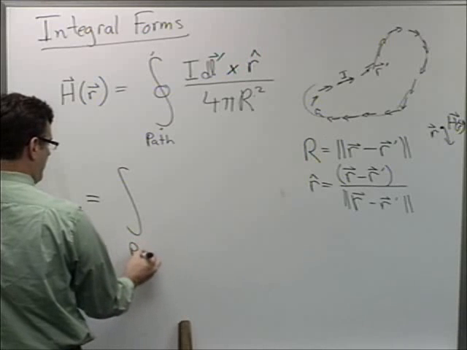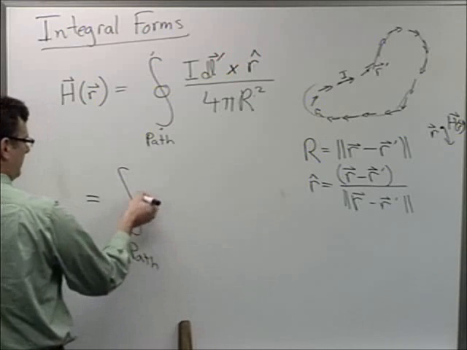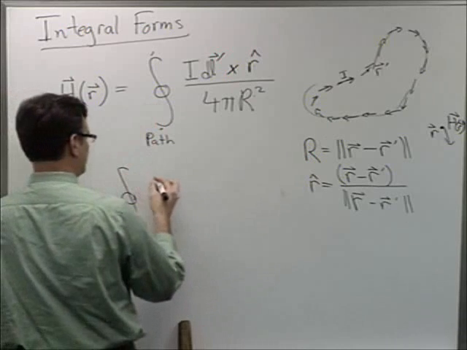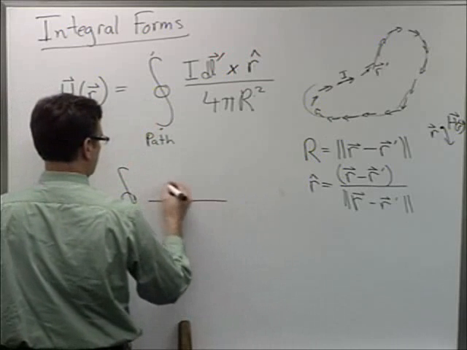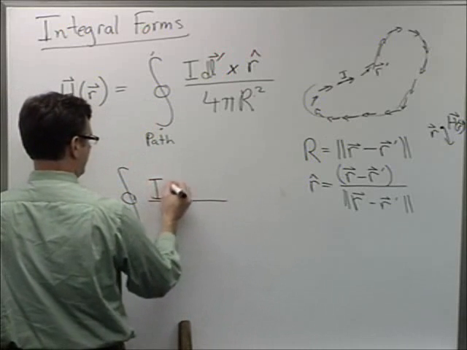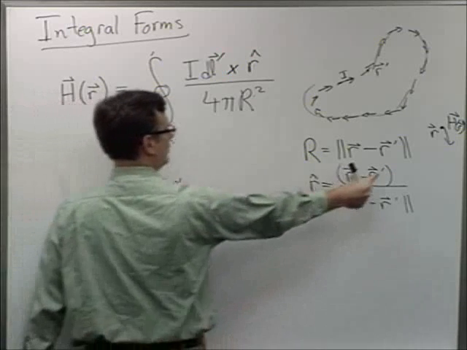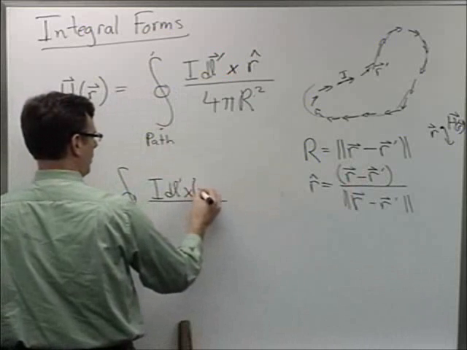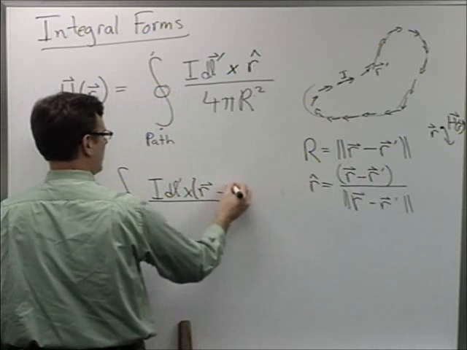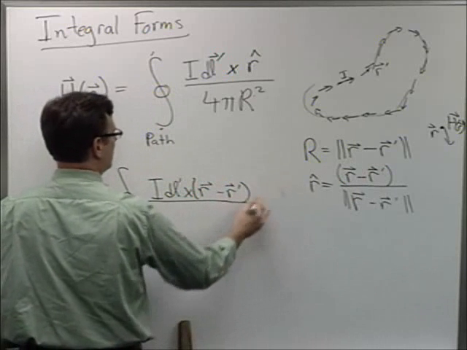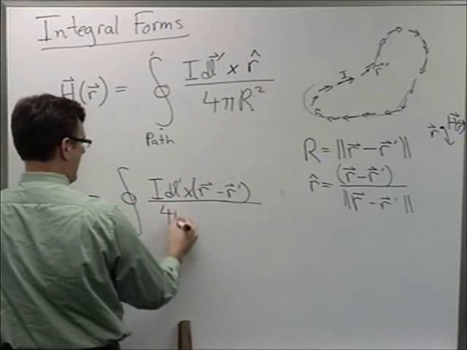So if that's the case, then look what this becomes. I'm going around a path. Yeah, I'll put the circle in just for grins. This is going to be I dl prime crossed into, I've got this vector here, r minus r prime, and it's divided by 4 pi.